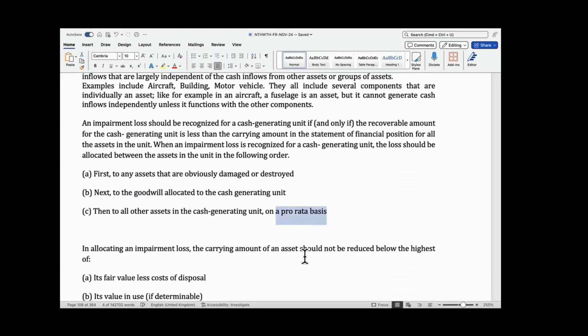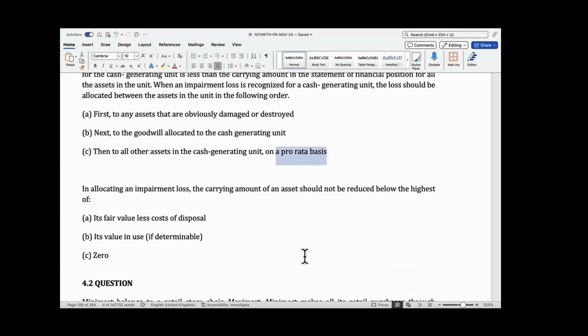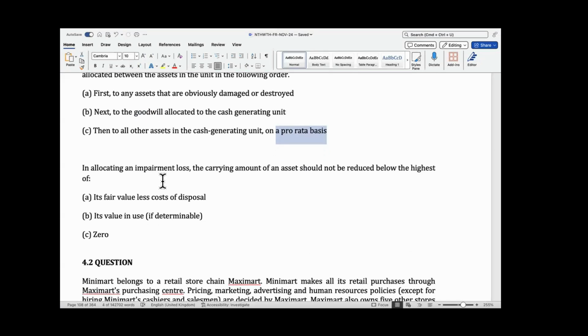Okay. So before we solve questions, when you allocate impairment loss to any asset, ensure that the impairment loss you allocate doesn't reduce the asset to something lower than the higher of either fair value or value in use.